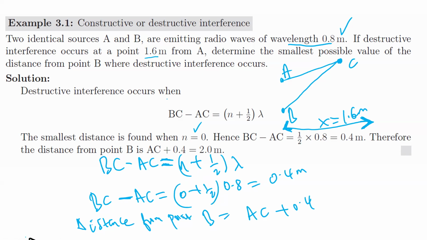If that is the case, you then have AC, which is 1.6 meters from point A, plus 0.4, which is 2.0 meters.